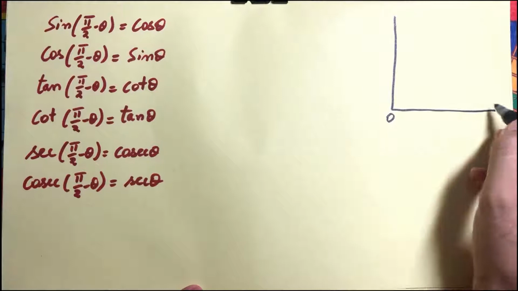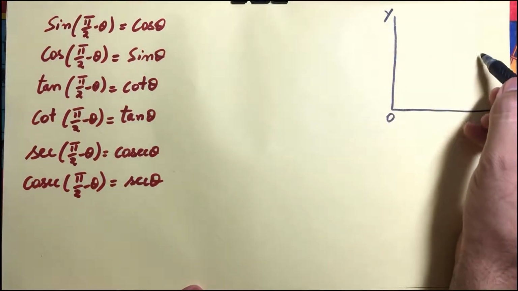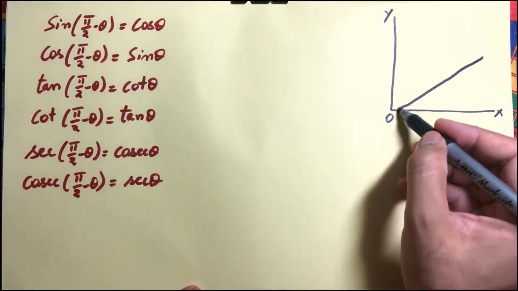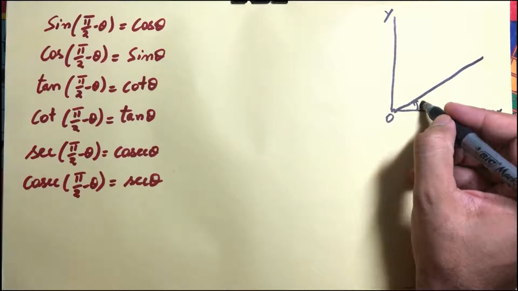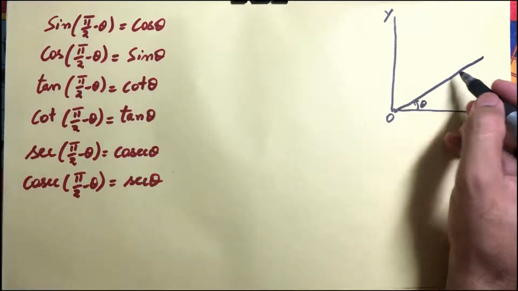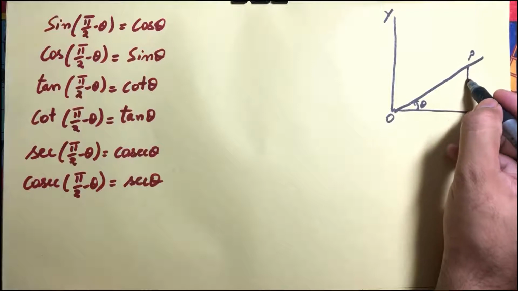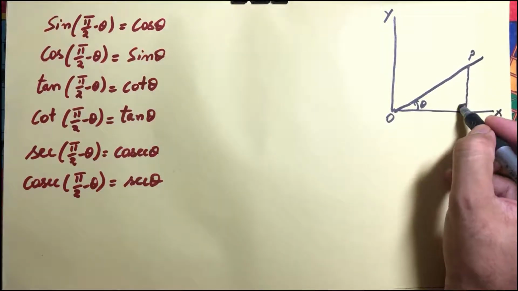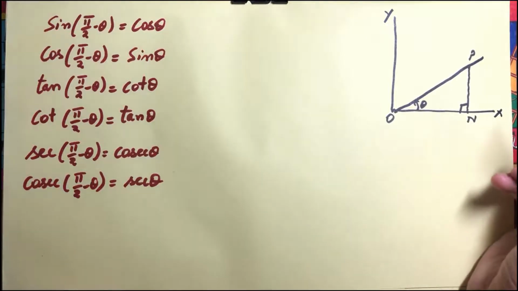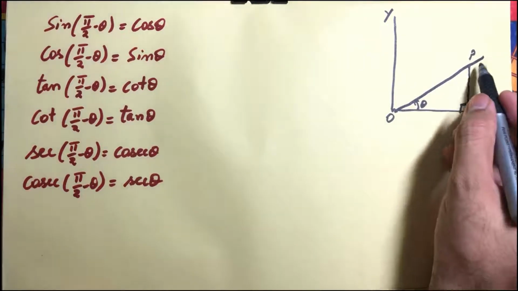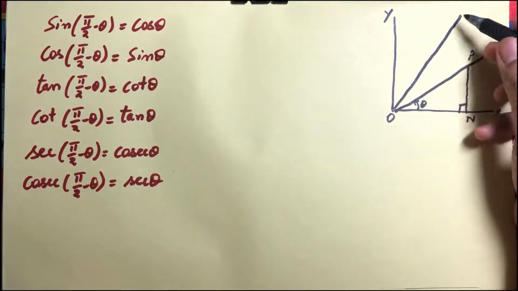This is the origin, this is the x-axis, and this is the y-axis. We let this be the terminal axis which makes angle theta, and this is point P, and we draw a perpendicular from here to the x-axis and name this N. Now let this terminal axis move to this position.